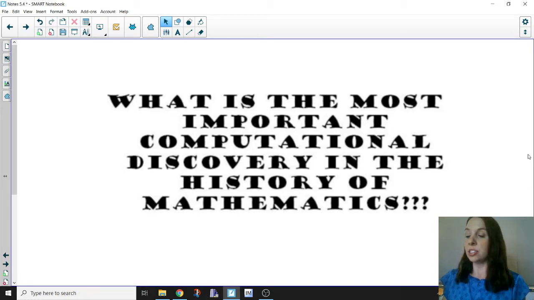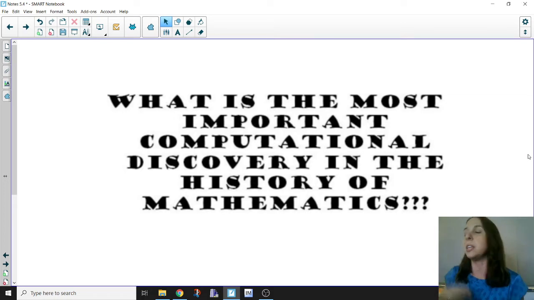This connection started the mathematical development that fueled the scientific revolution for the next 200 years and is still regarded as the most important computational discovery in the history of mathematics.